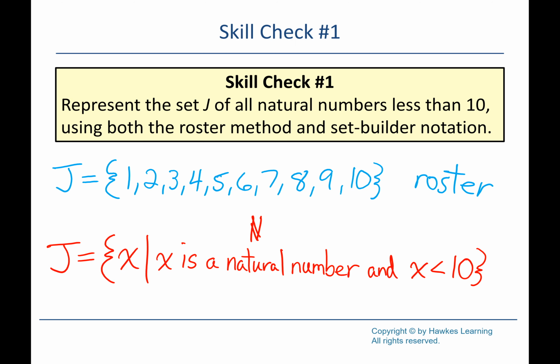N. So another way we could say that first part, x is a natural number, is we could say x is a member of the natural numbers. That one was better. Okay. So just, if you see it, this says the same thing as this. All right, so we're good on set builder notation there.